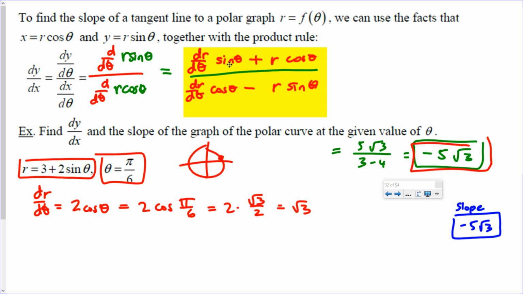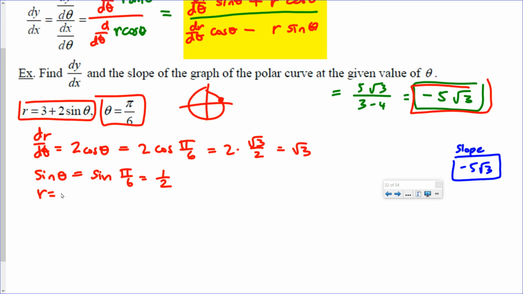All right, let's do the second component. The second component is sine theta, so this is going to be sine pi over 6. What is sine pi over 6? 1/2. The third component is just r. For this problem, what is r? It's 3 plus 2 sine theta.